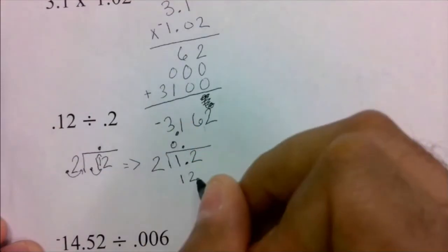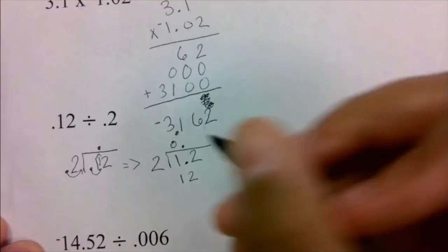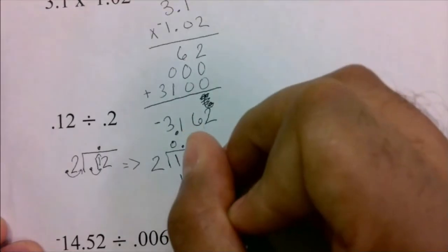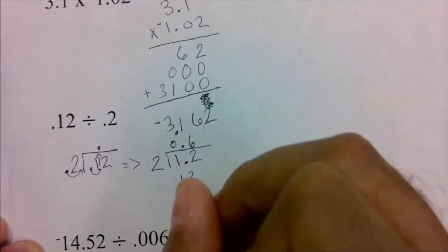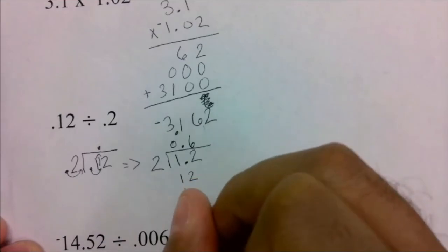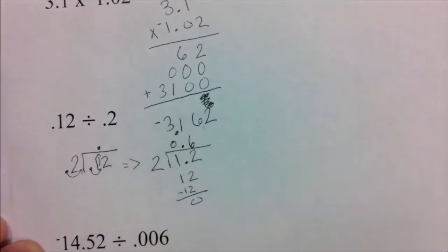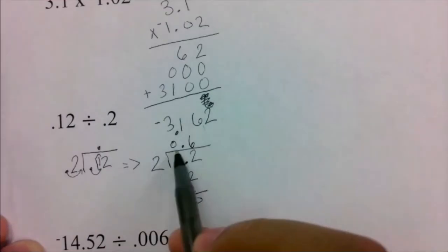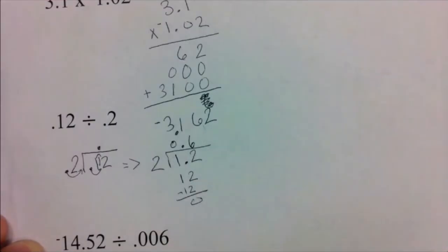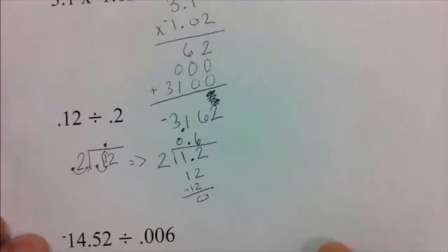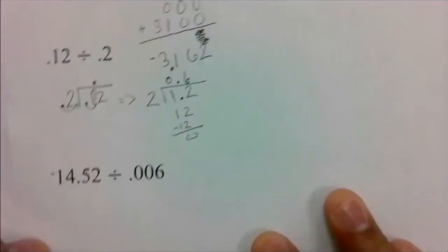How many times can 2 go into 12? Well, we know that is 6 times. And that's it. No, there's no remainder. So my answer for this will be 0.6. All right. Let's look at another problem.